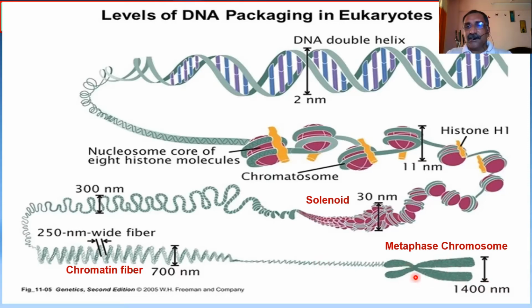You know that the chromosomes can be seen in various stages of cell division: prophase, metaphase, anaphase, telophase, and cytokinesis. But only in metaphase you can see the chromosome.